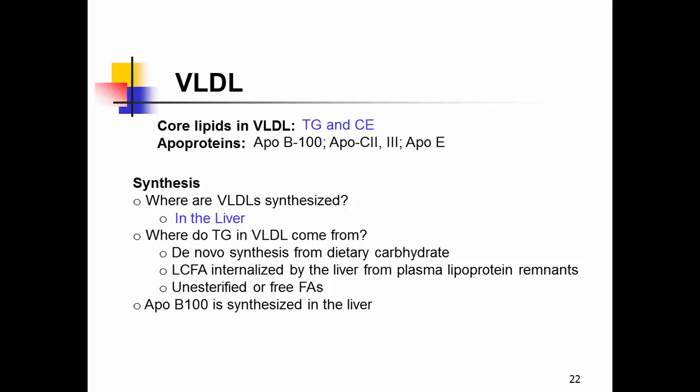So then LPL can break down triglyceride in the VLDL and take up the fatty acids to be utilized as energy in the muscle, right? Does that make sense? I know it's very complicated, but is that clear?